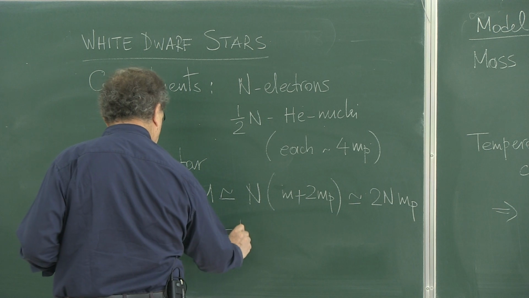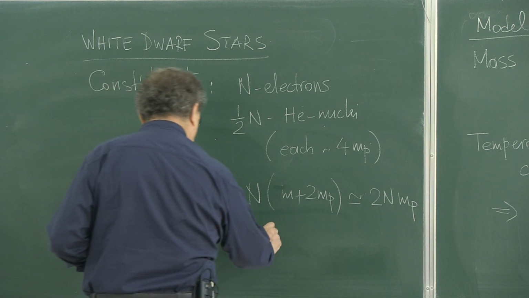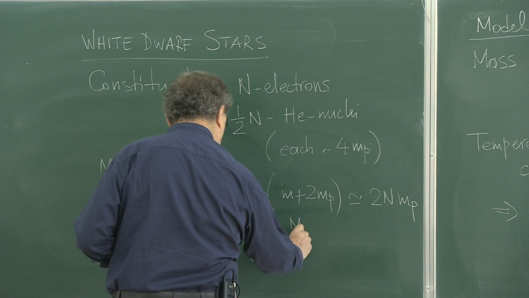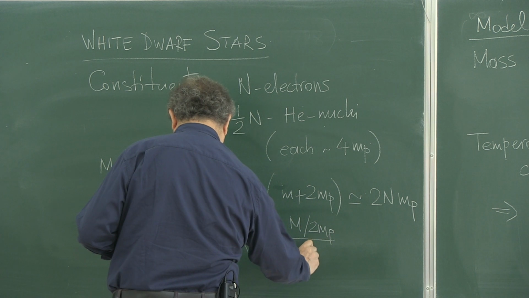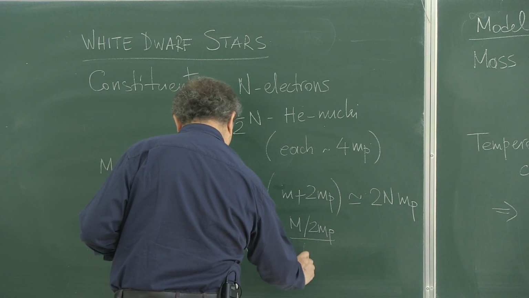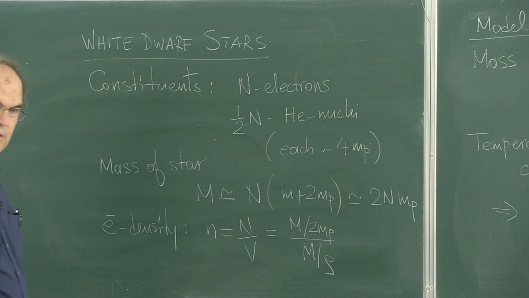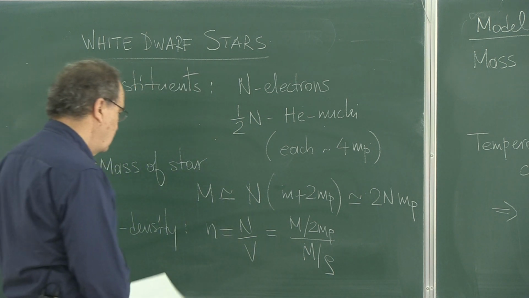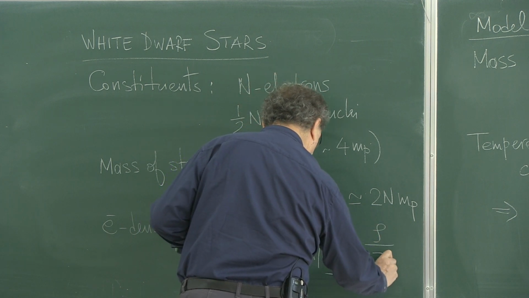Number density is number of electrons per volume. So the number is m over the density of the star, so you have density of star divided by 2mp.